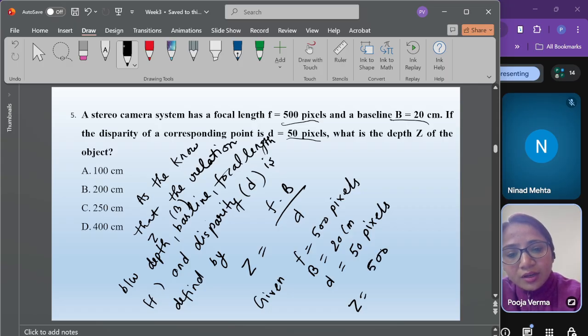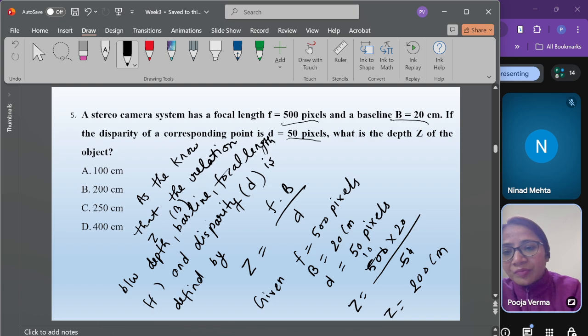So 500 for F and 20 centimeters for B, divided by 50 pixels. The pixels will cancel out, so overall you will get 200 centimeters. Z is equal to 200 centimeters. So yeah, option B is the correct answer for this question.